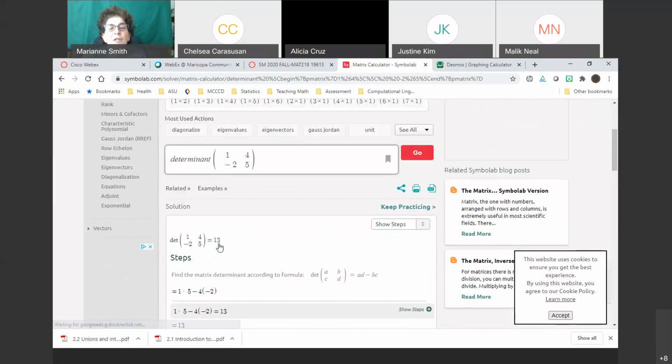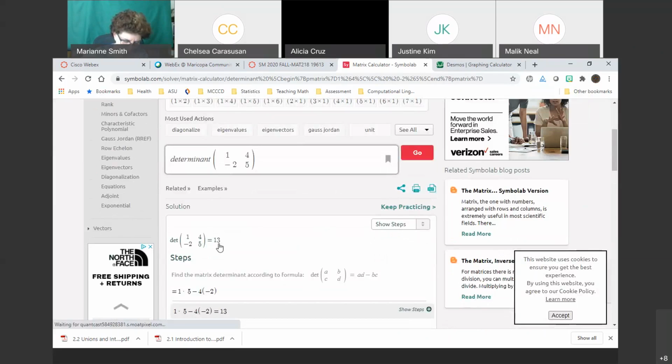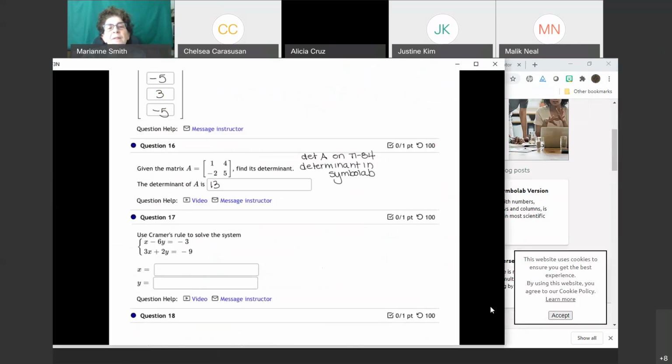So your determinant is a number. Remember, it's just a number, 13. So again, use technology to do that. All right, so here are my values that I've put in.